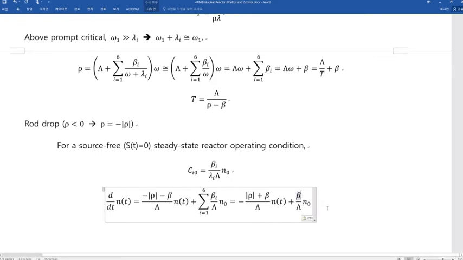That's equation 5.60. And we need to solve this differential equation.